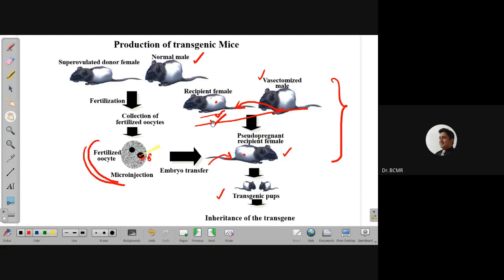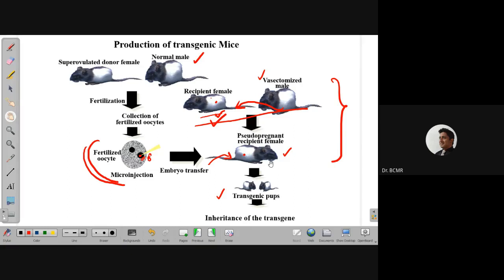To do that, the most natural and easier way is to allow this female to mate with a vasectomized male, right? So that mating is happening, but there is no transfer of sperm from this individual to the female.